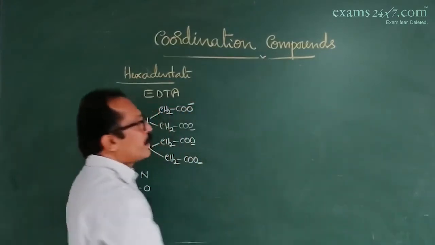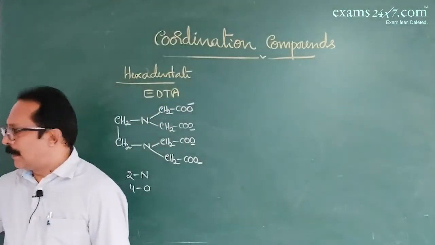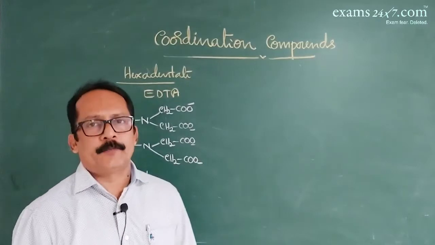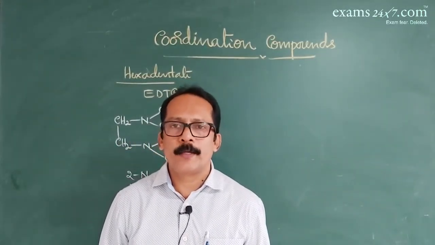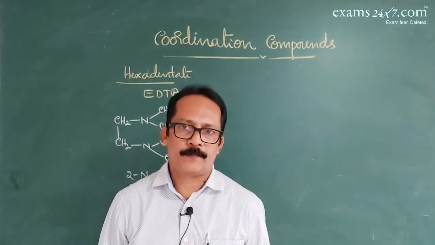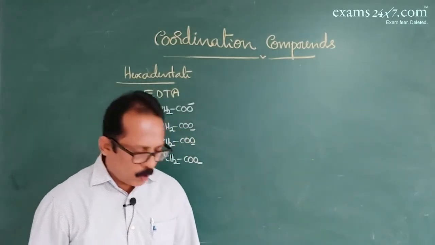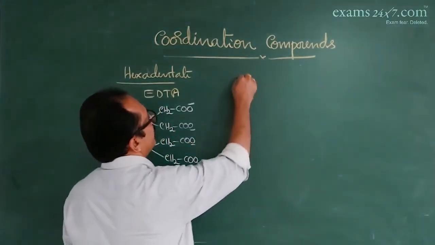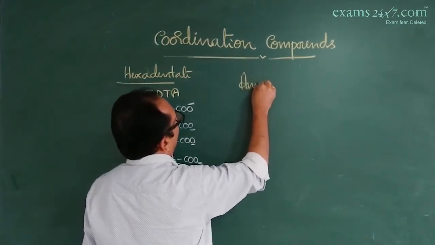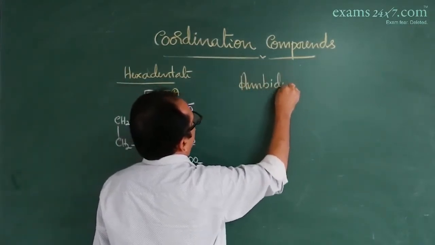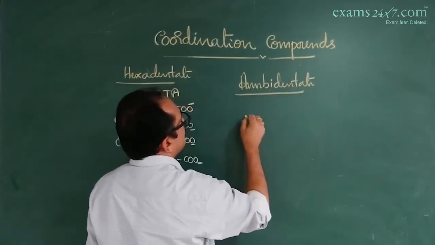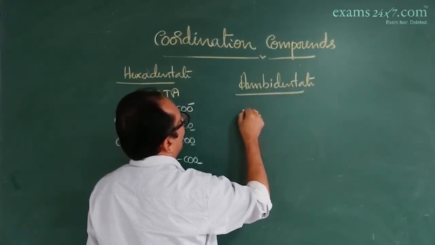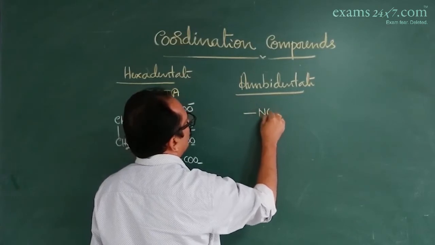Now, next about ambidentate. So, these are monodentate ligands. Per ligand there are 2 donor atoms, but at a time only 1 donor atom donates a pair of electrons. Such type of ligands are called ambidentate ligands. Example, NO2 group.